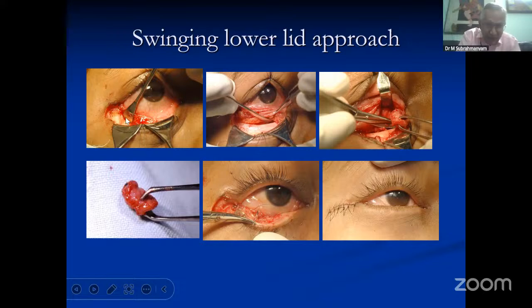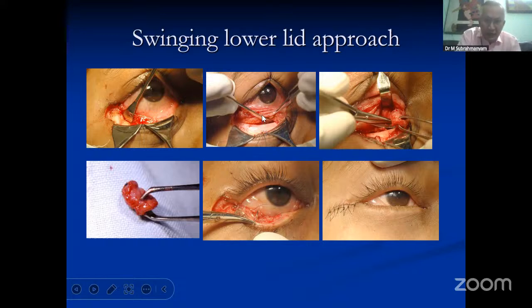So in this plane, you go identify the bone, then incise about 3 millimeters in front of the orbital rim the periosteum, and between the periosteum and bone, you are in the peripheral surgical space. If you have a fracture to be repaired, or if you have to do a thyroid orbital decompression, you can work in this plane between the periosteum and the bone.